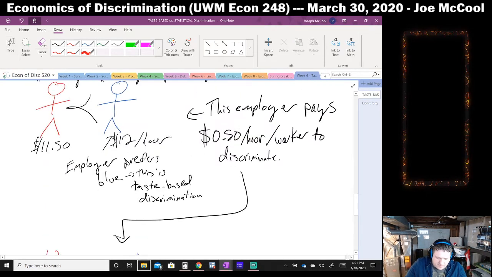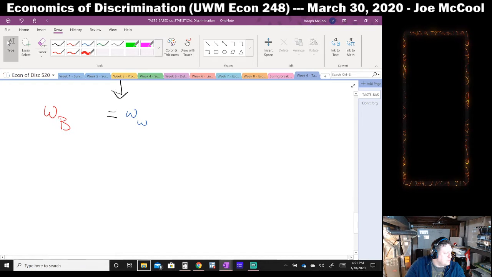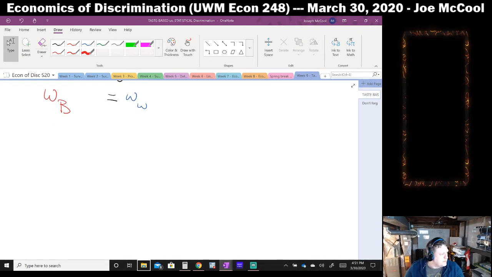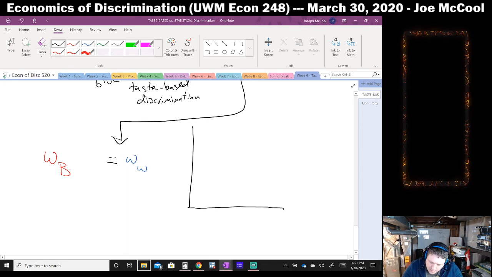So remember that if we go back to our very basic model, let's see here. How did I model this before? Yes, like that. Okay. So recall, we have the labor demand curve.